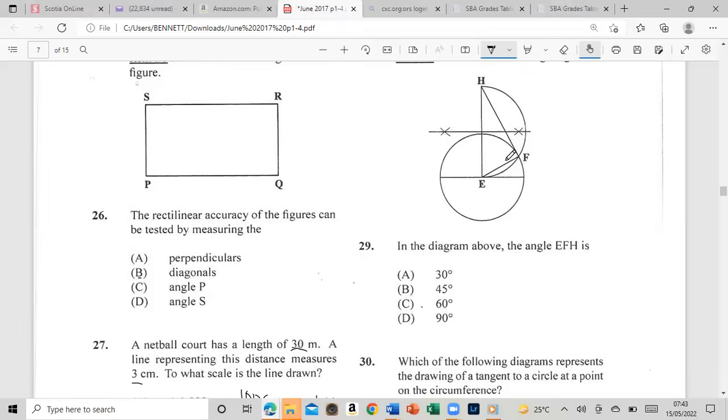EFG, so that's this angle right here. This is coming from a semicircle, so that would be 90 degrees.